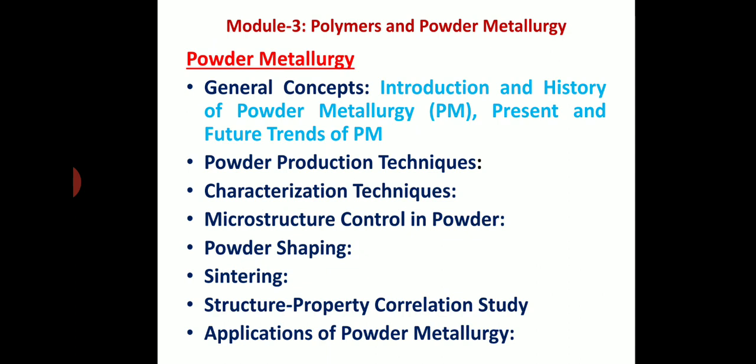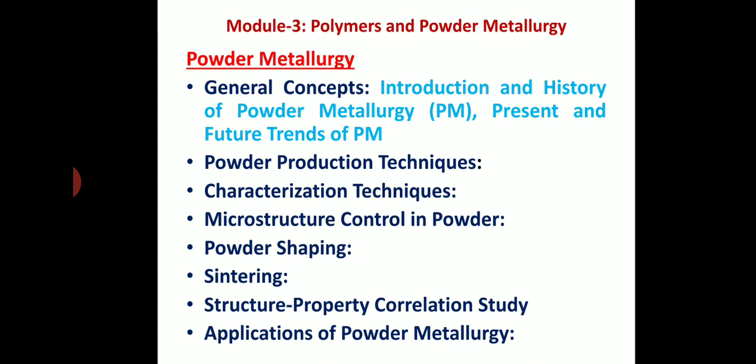So this is the syllabus of powder metallurgy. It consists of general concepts, powder production techniques, characterization techniques, microstructure control in powder, powder shaping, sintering, structure property correlation study, and applications of powder metallurgy.